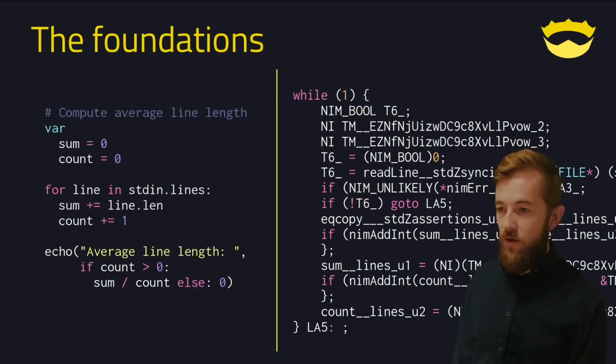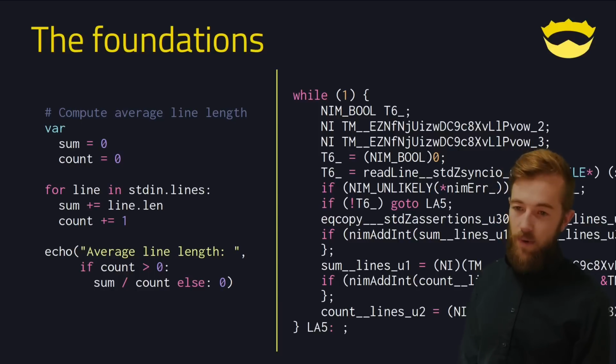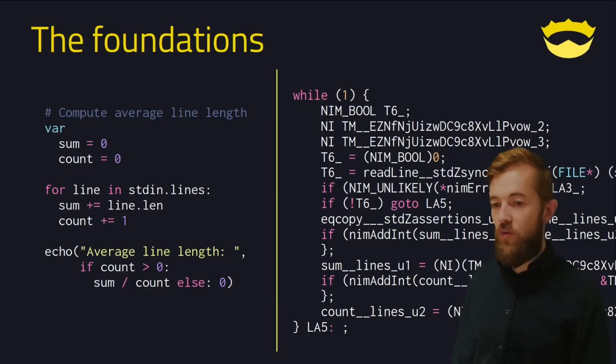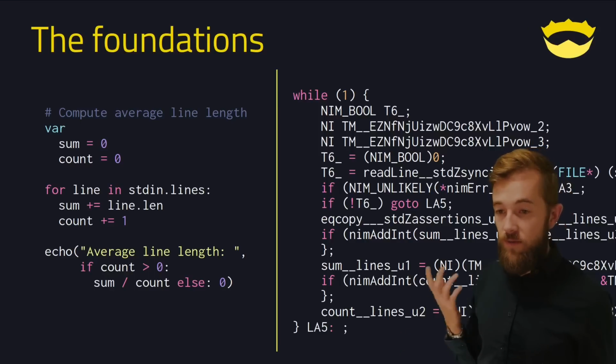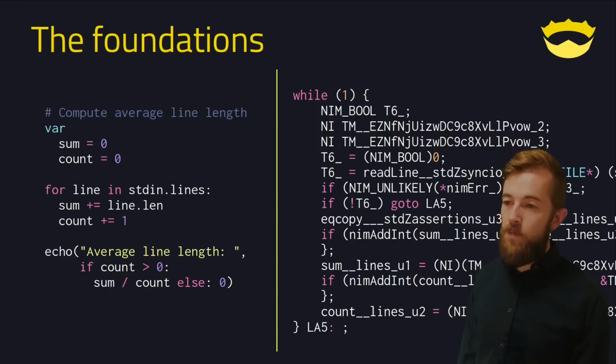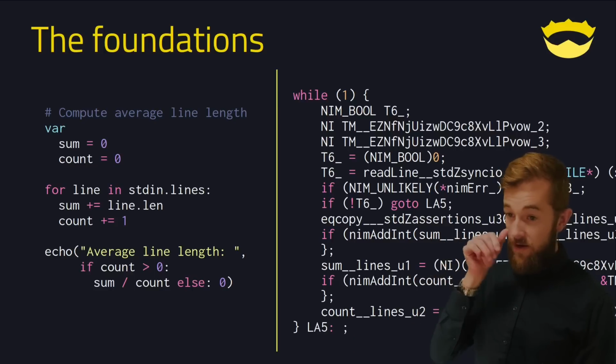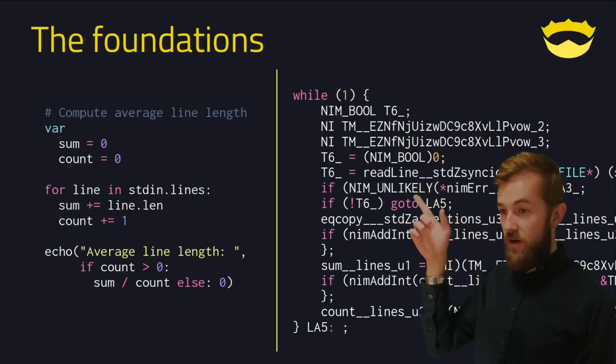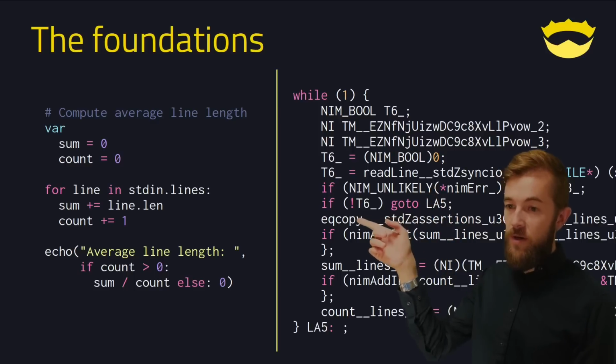Many of you probably know that Nim compiles to C, and then that C is compiled by a C compiler over to the native architecture, the binaries that we use. And this compilation, as you can see here, this is the output of just that for loop.